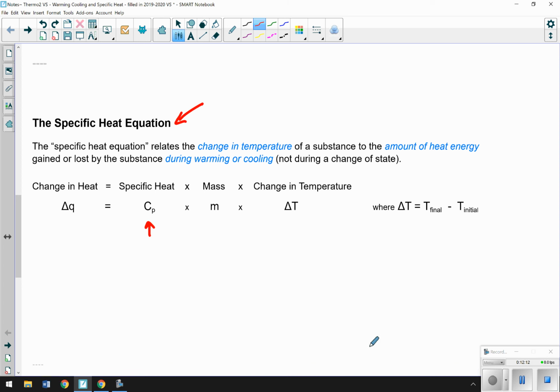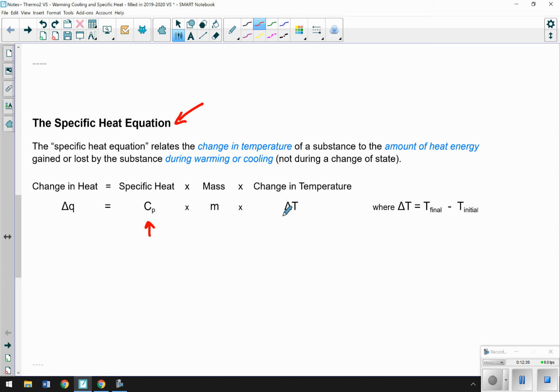What the equation says is that the amount of heat is related to a temperature change in an object. The Q, the heat, is equal to the specific heat times the mass of the object times whatever temperature change it would experience.